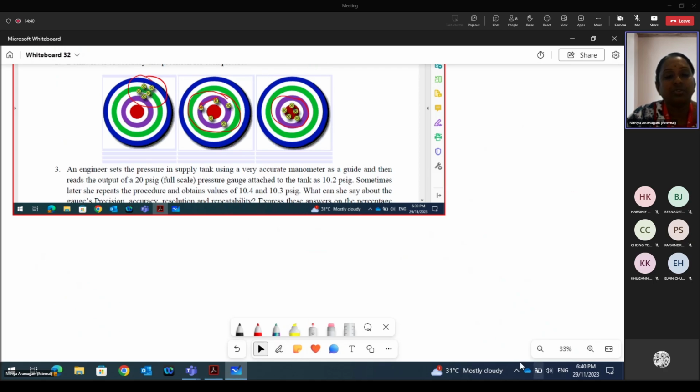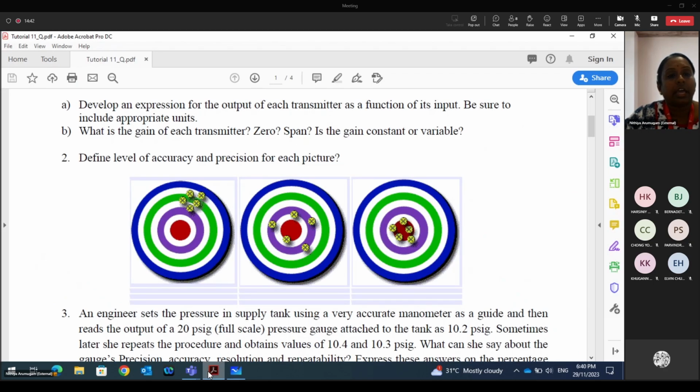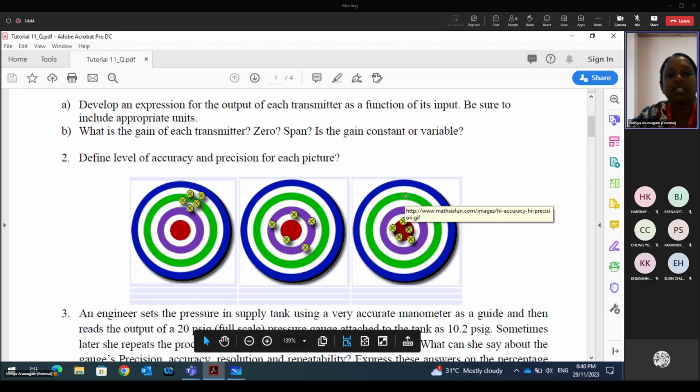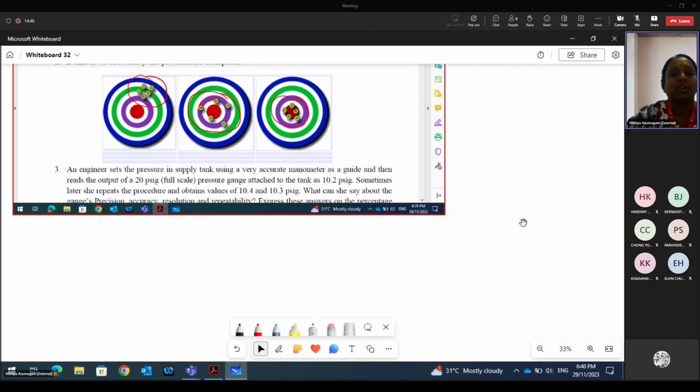Now we need to define the level of accuracy and precision. So if you remember, the accuracy means how near it is to the target. So let's say my target is the center, how near it is. It is very far from the target. So for the first picture, we say it is low accuracy.